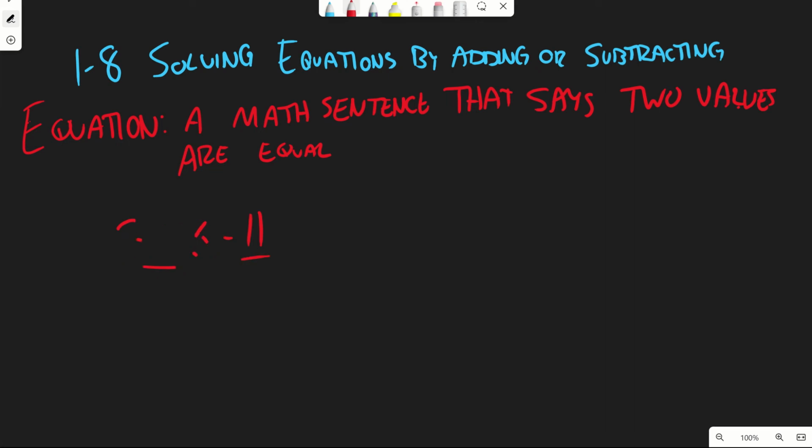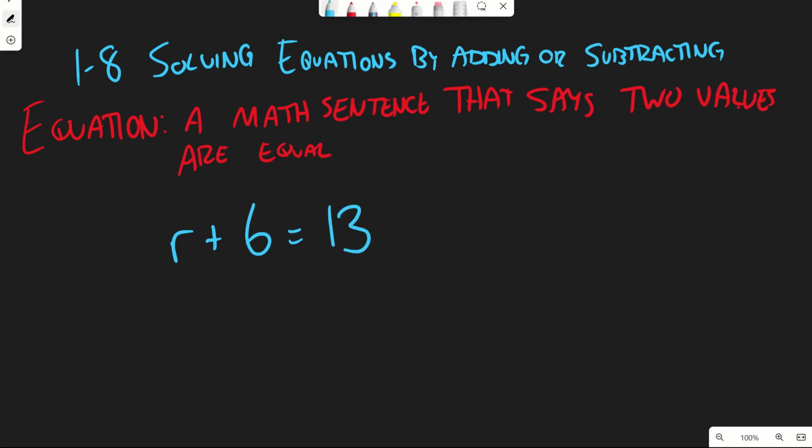And so when we're trying to solve equations, we want to talk about how it looks if one of our values is unknown. Let's say I have r plus 6 equals 13.